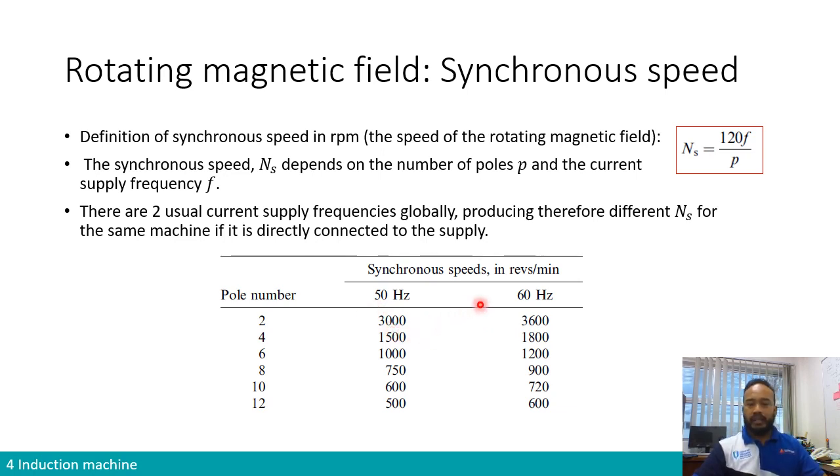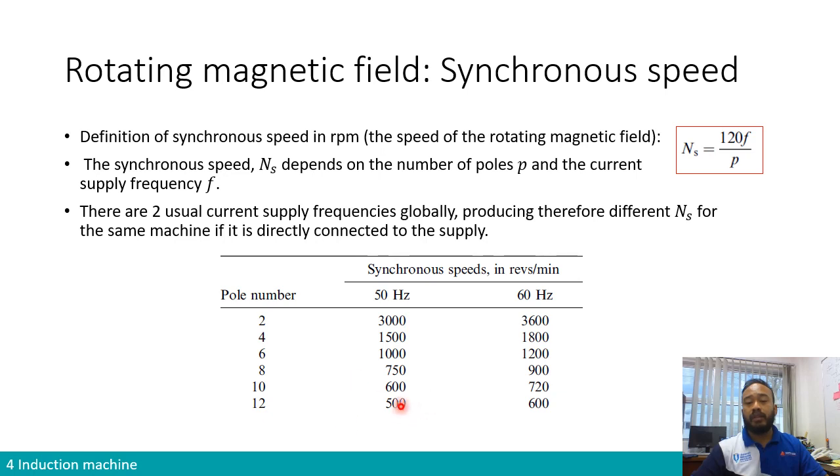But if you are connecting it to, for example, another country that has a 60 hertz system, then it will produce 3,600 RPM.